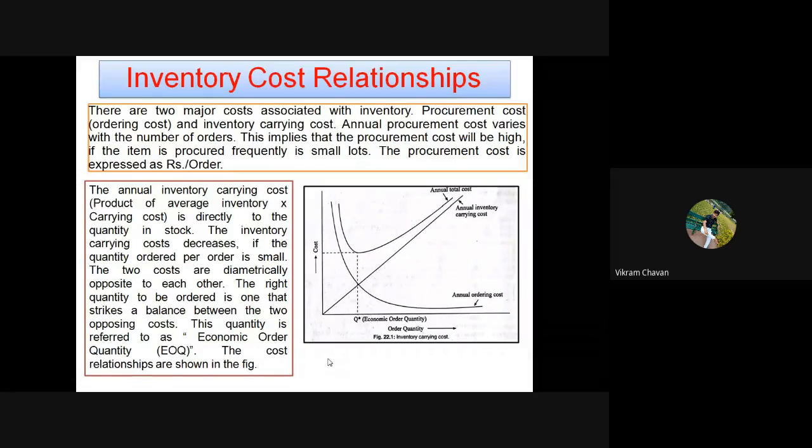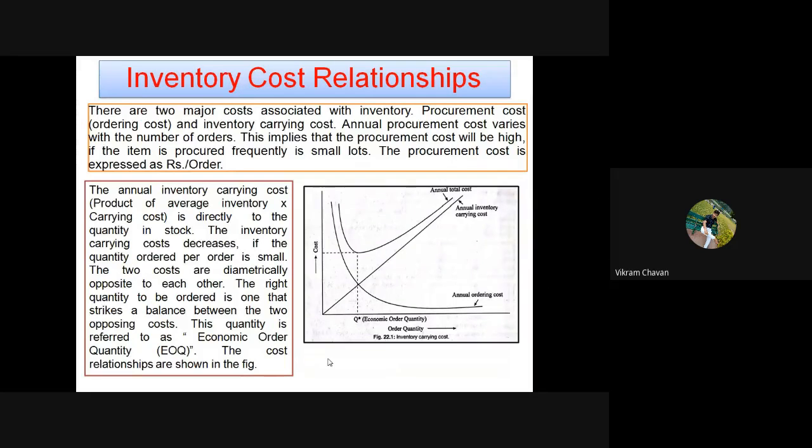Whereas if the order quantity is less, the inventory carrying cost is less, and as you go on increasing the order quantity, the number of products in one order, the annual inventory carrying cost also goes on increasing. So these two factors affect the annual total cost associated with the inventory.